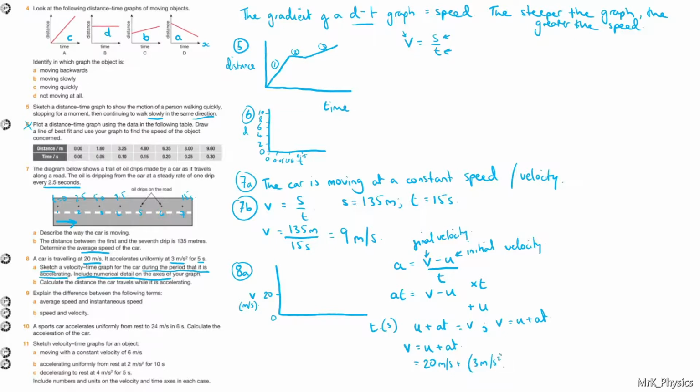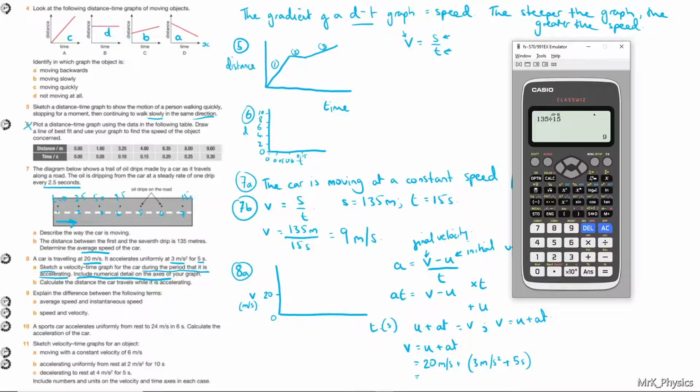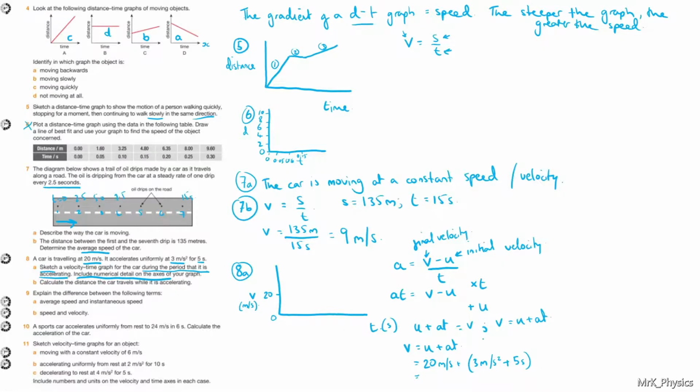The only reason I've done this in brackets is so that we know which bits to do first, and we'll then do that times by time, which is 5 seconds. I have to put the units in, but I'll do it for completeness anyway. And I'm just going to do this on my calculator. 3 times 5, I'll do the at bit first, and then add on my 20 meters per second, the initial velocity, and I get 35 meters per second.